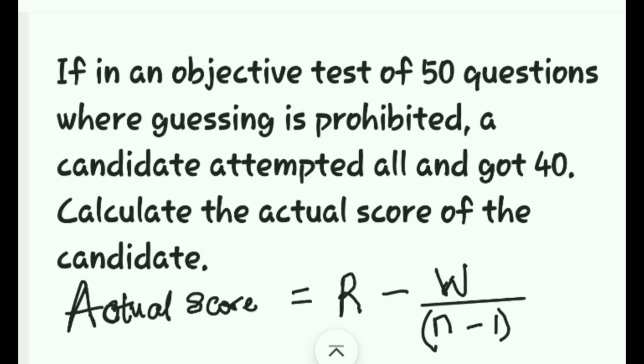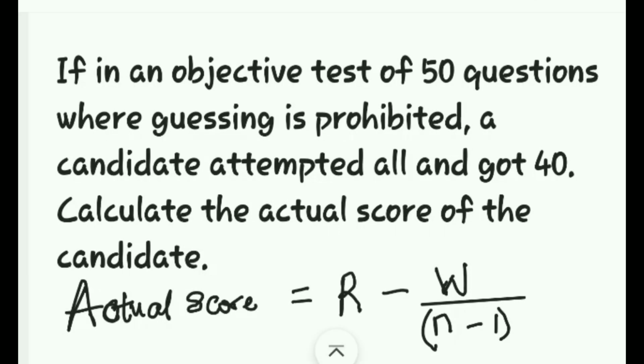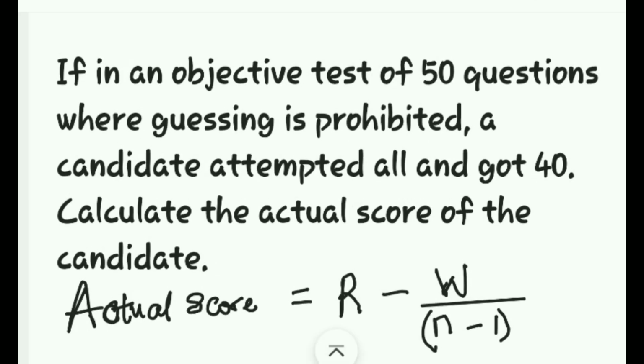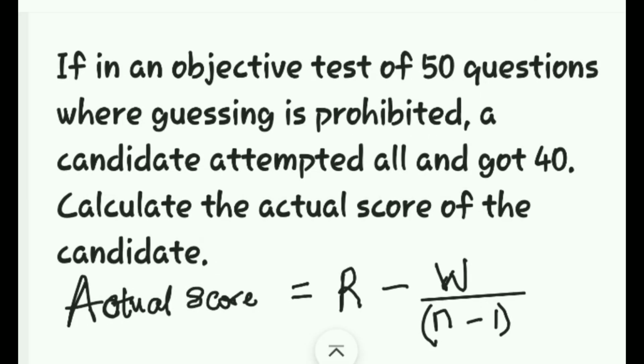I've told you that this is adopted for negative marking, and one of the essences of this is to avoid guessing in an exam hall, and also to avoid you just picking answers.